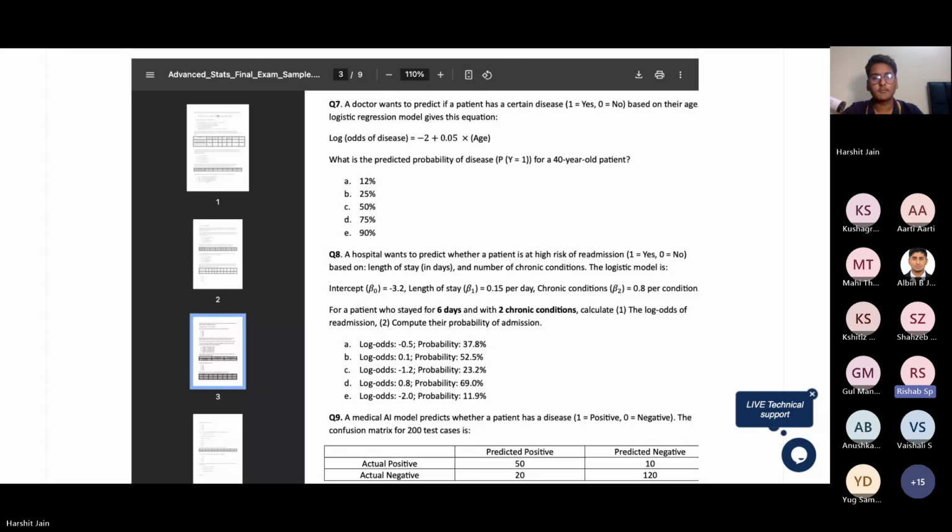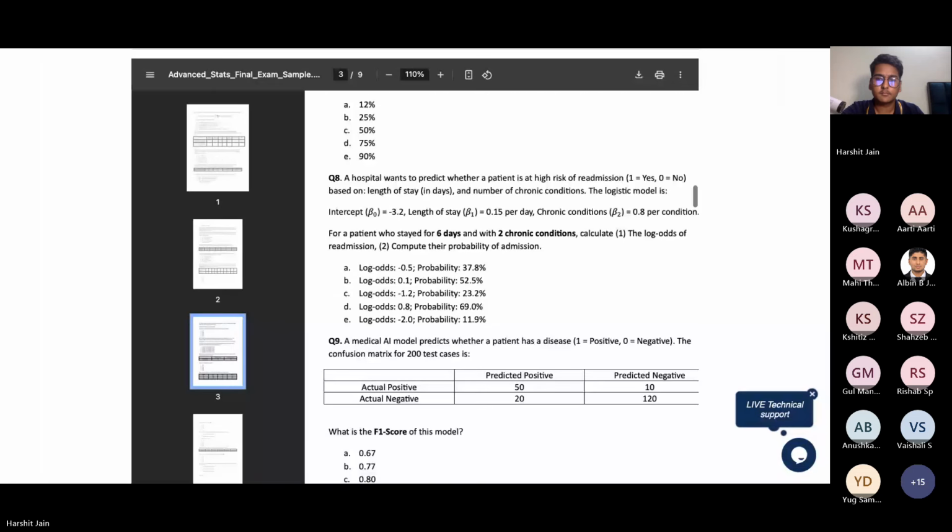We have a patient who stayed for 6 days.